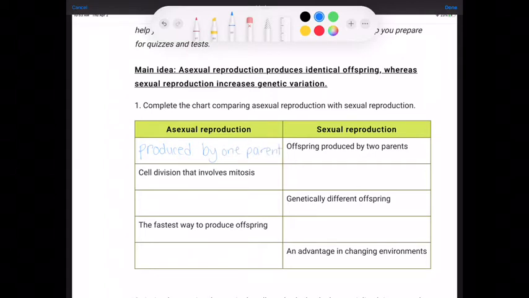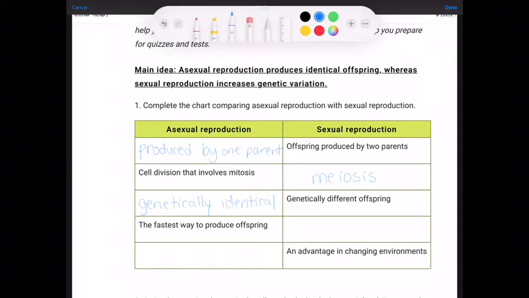In asexual reproduction, it's cell division that involves mitosis, and in sexual reproduction, it involves meiosis. In asexual reproduction, offspring are genetically identical, whereas in sexual reproduction, they are not identical, because you're getting 50% of your genes from each of the parents, where in asexual reproduction, it's all coming from 1 parent.